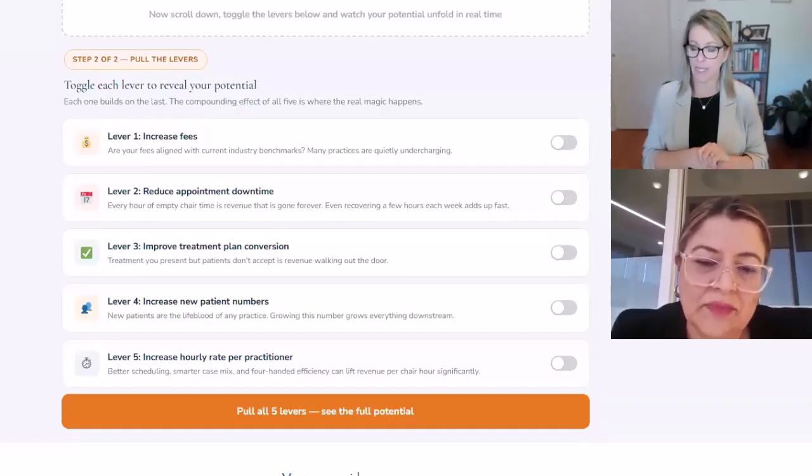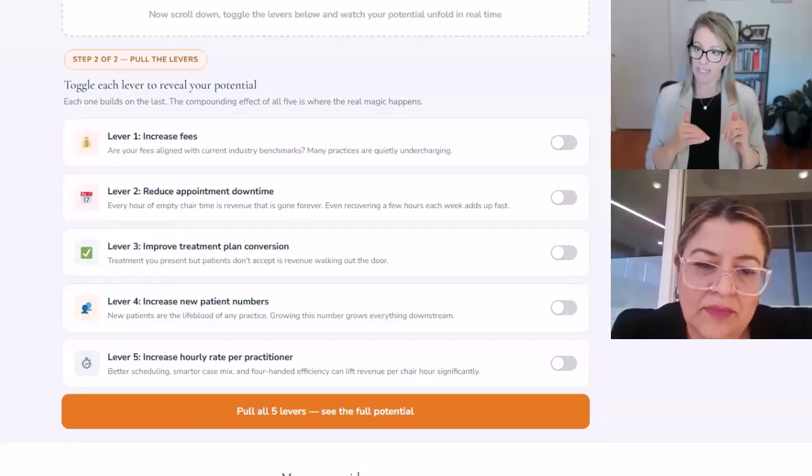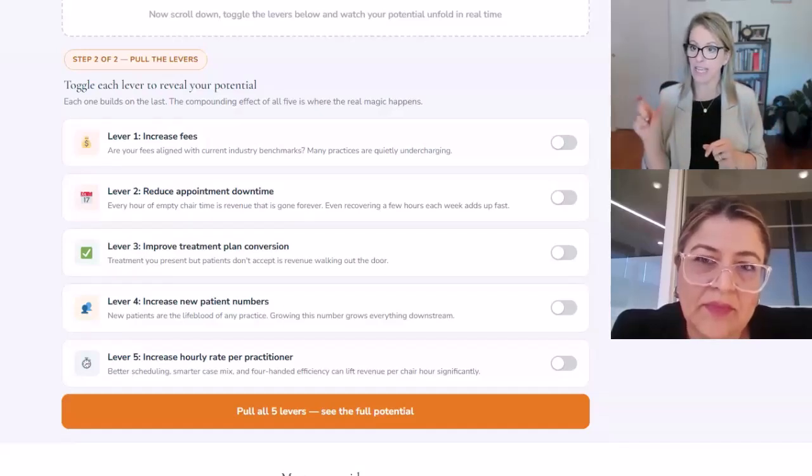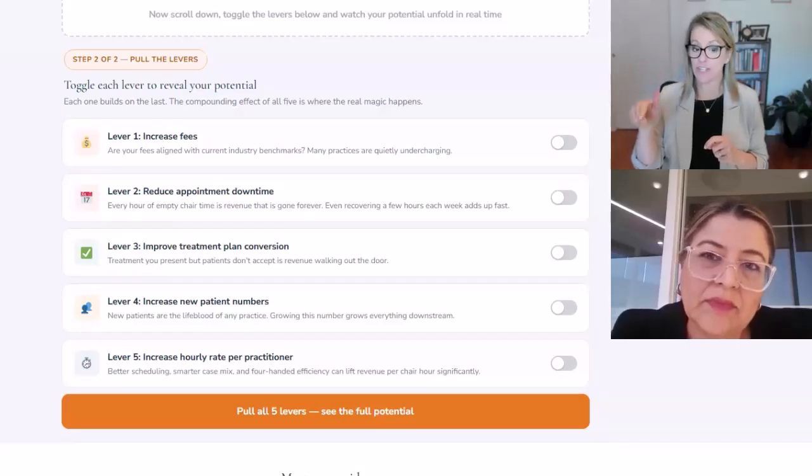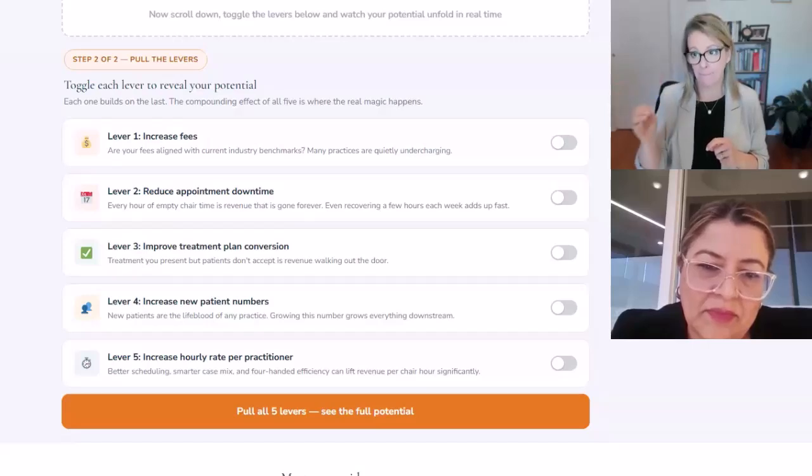How much money was generated in that time from that practitioner? Divide one by the other and you've got the hourly rate. It's an area where a lot of practitioners don't necessarily jump to straight away, but small tweaks can make a substantial difference to that hourly rate, and that can make a big impact.